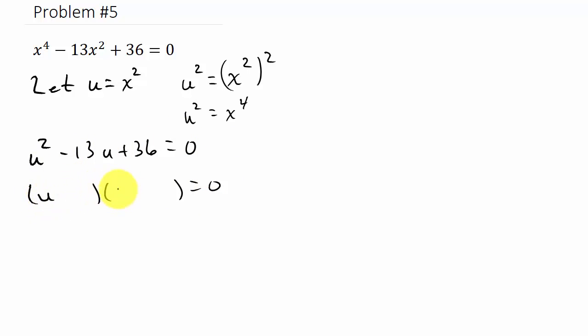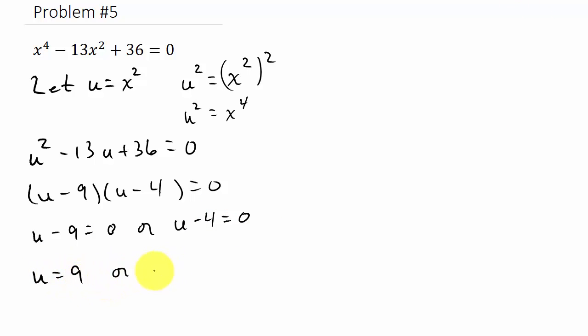So that's u minus 9, u minus 4. Set each factor equal to 0. Alright, so I get u equals 9 or u equals 4.